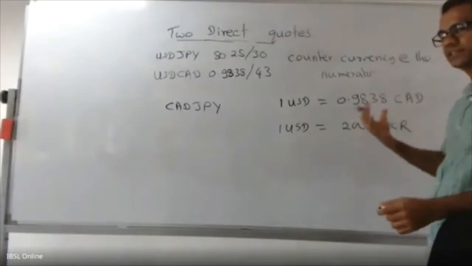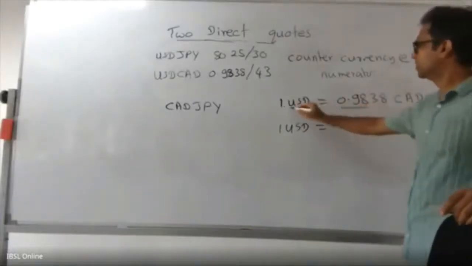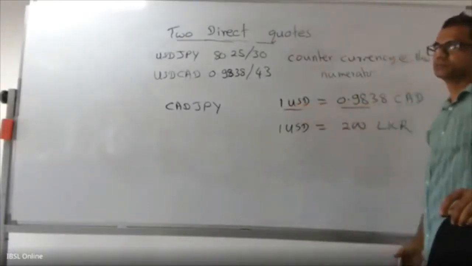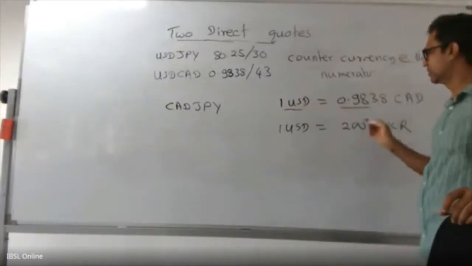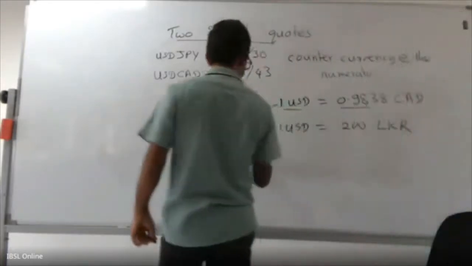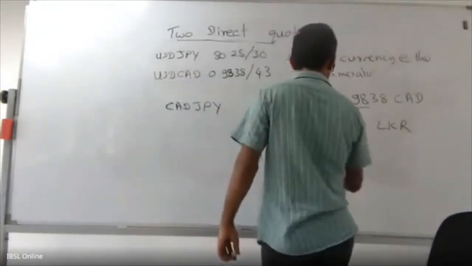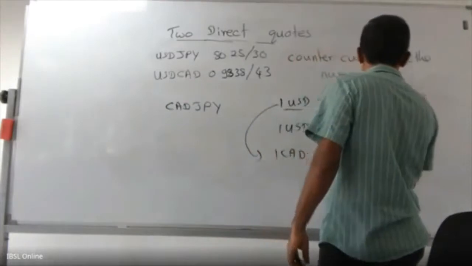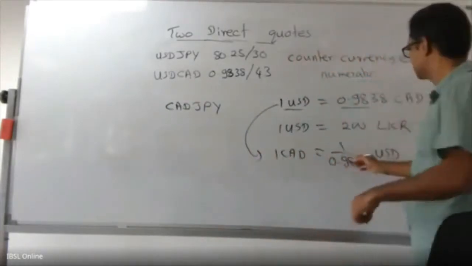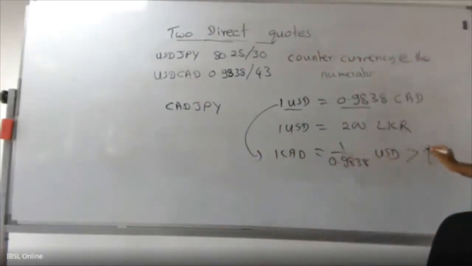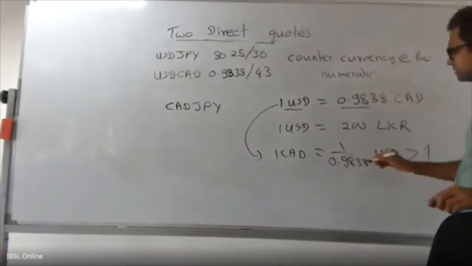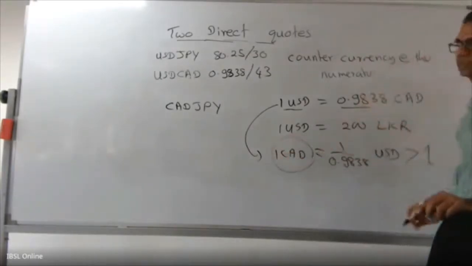CAD is strong, because you pay less than one to buy a dollar. If you calculate the reciprocal, 1 CAD equals 1 over 0.9838 USD. This should be greater than 1. You have to pay more than $1 to buy 1 Canadian dollar. So the CAD is the stronger currency.